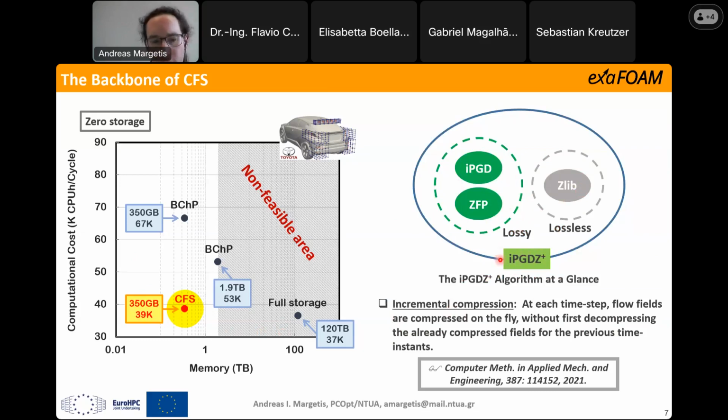You may find more information about them in one of our recent papers that I've included here, if you wish. The main idea of IPGDZ+ is that it compresses flow fields incrementally on the fly each time a new time instant of the flow is computed without decompressing the already compressed time instance of the flow.